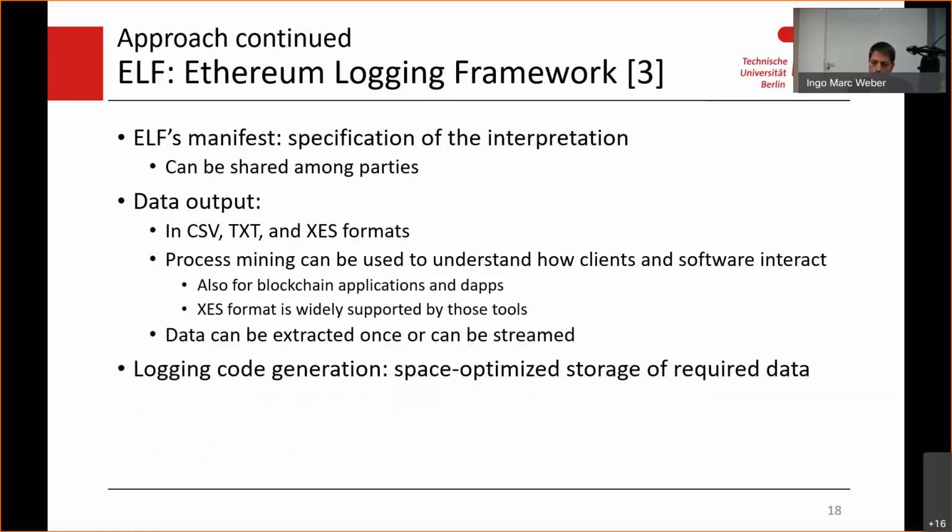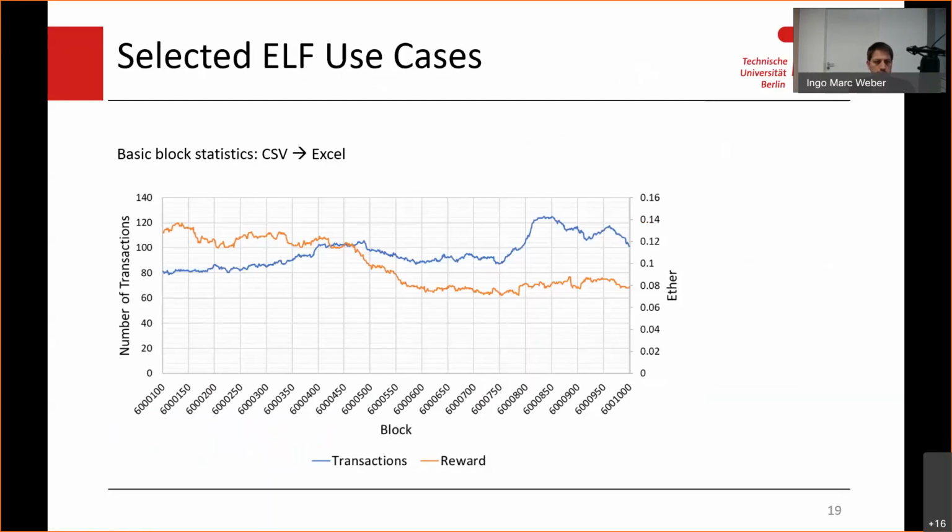Now, a few selected use cases of ELF. The first one was just simple block statistics. Here you see the public Ethereum blocks, between about 6 million, for 1,000 blocks. You can see how the number of transactions increased slightly and how the reward in Ether went down.